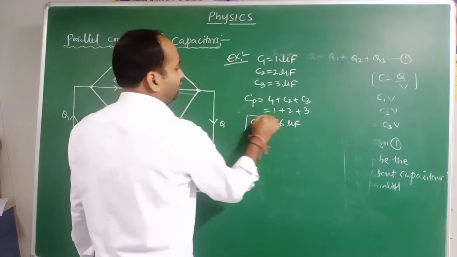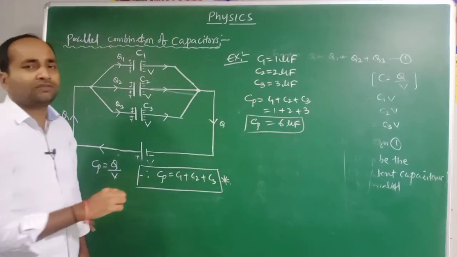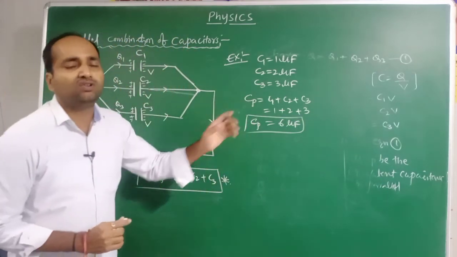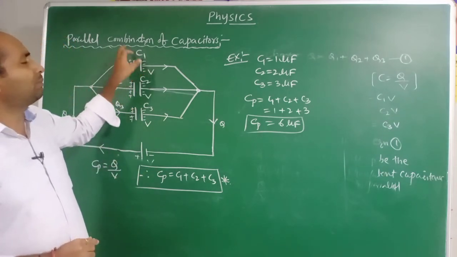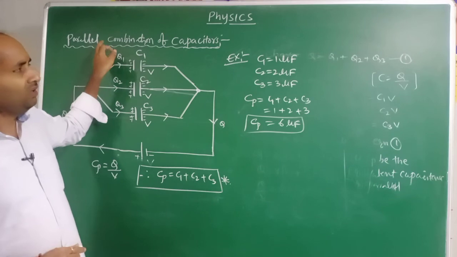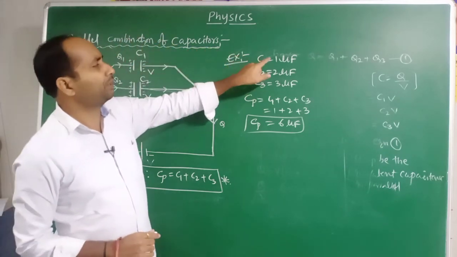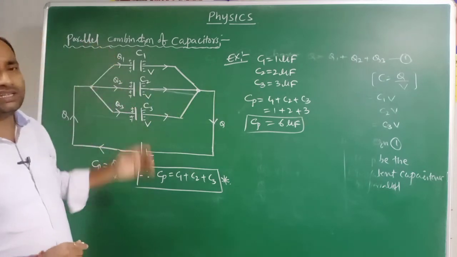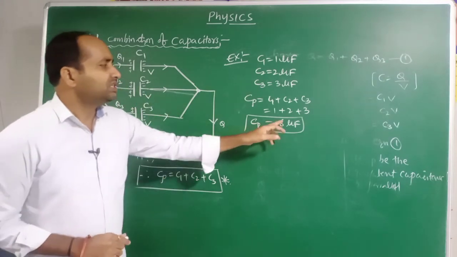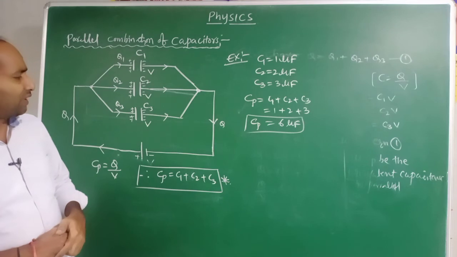When we need the maximum value of capacitance, then the given capacitors are grouped in the parallel combination. When we need the least value of capacitance, then we should connect these three capacitors in series combination. So CP is equal to 6 microfarad here.